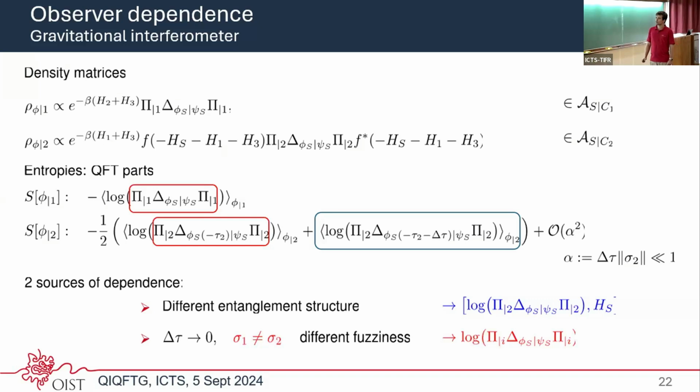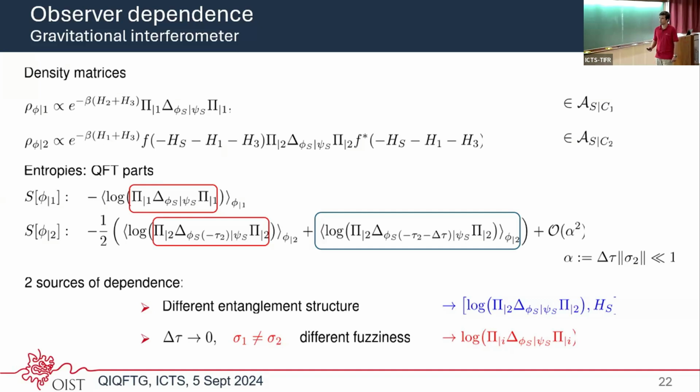And the second source of observer dependence is if sigma 1 is different from sigma 2, namely the clock spectra are different, so the fuzziness is different, then this coarse graining of the modular operator, of this delta, will also be different. So specifically this log pi 1 delta pi 1 piece will be different for both observers.